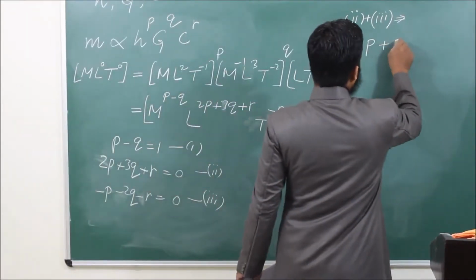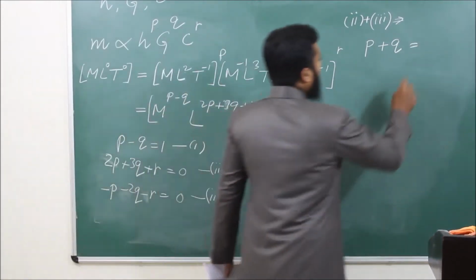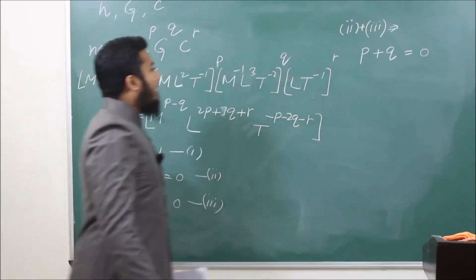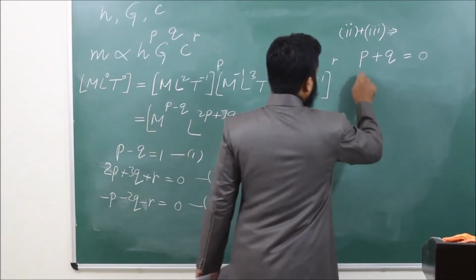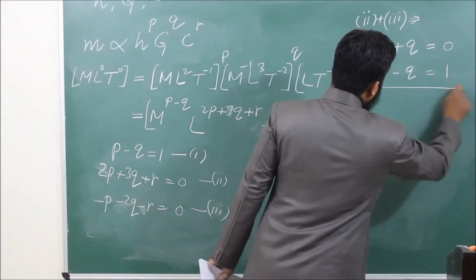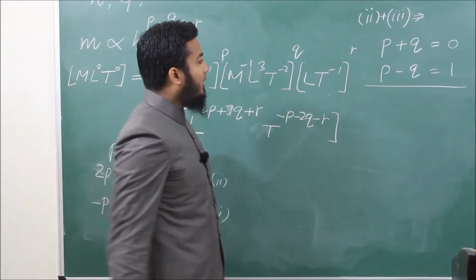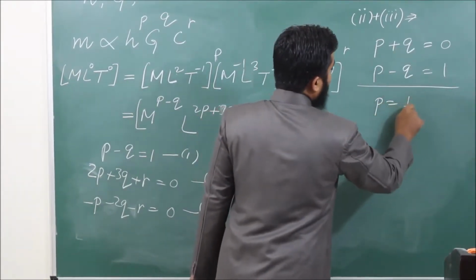So p plus q is equal to, on the right hand side, 0 plus 0, which is again 0. And the first equation is here, so let's write it again: p minus q is 1. Now if I add these two equations, q will cancel out, and you will have 2p equal to 1, or p is equal to half.